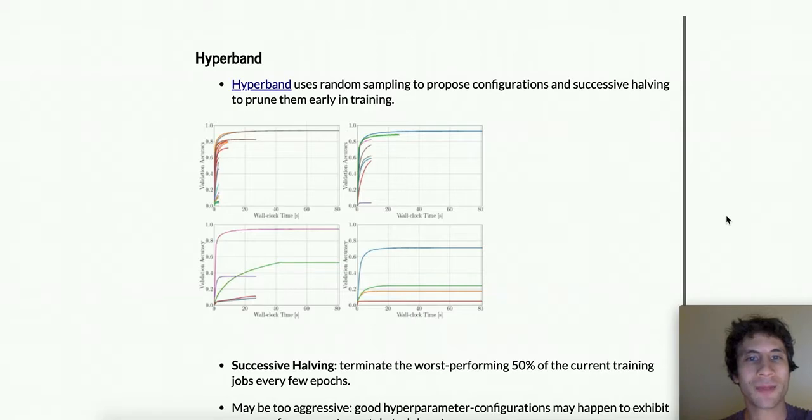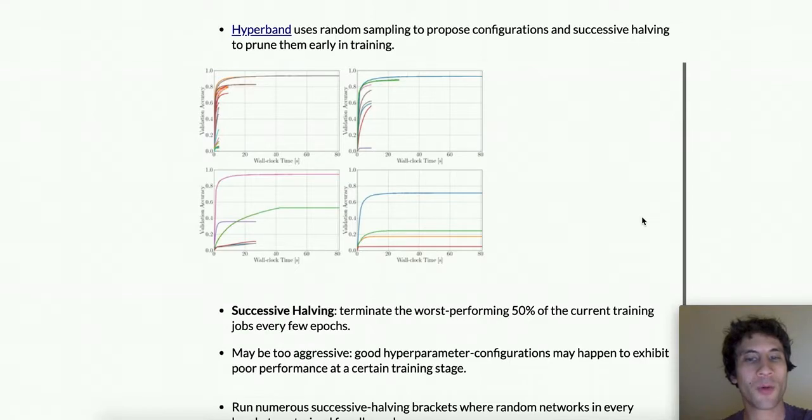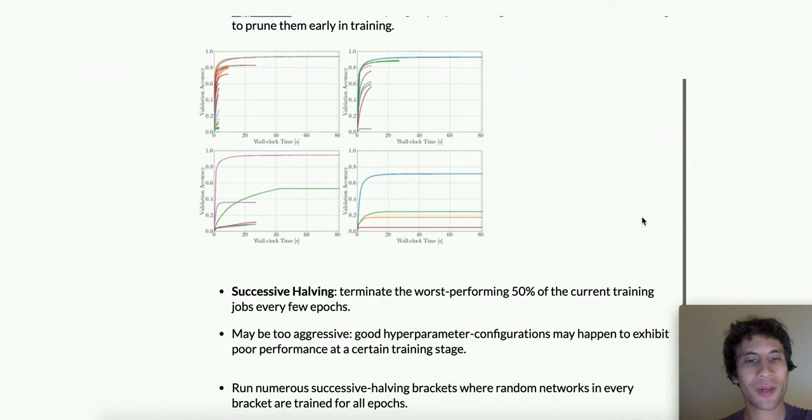Hyperband uses random sampling to propose configurations and successive halving to prune them early on in the training process. Successive halving basically just terminates the worst bottom half of the current training jobs every few epochs. However, this may be way too aggressive. Some hyperparameter configurations that are actually good, meaning they would at the end of training display good performance, might just happen to exhibit poor performance at an early training stage.